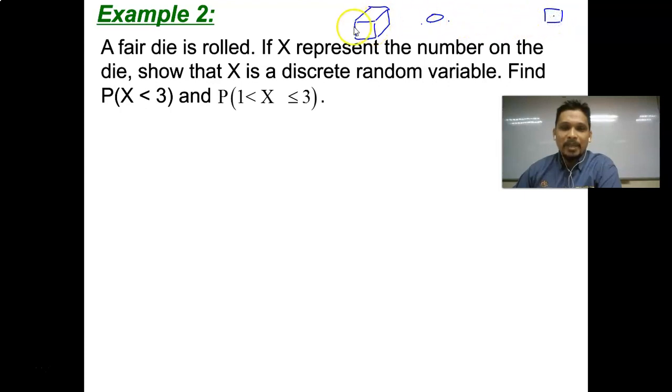Here, using snakes and ladders, we use the dice, let's say 2, 4. For example, a fair dice is rolled. If x represents a number on the dice, show that x is a discrete random variable and find the probability of this.